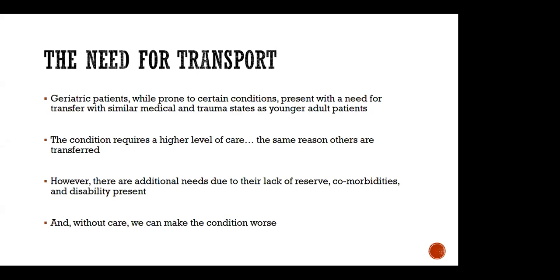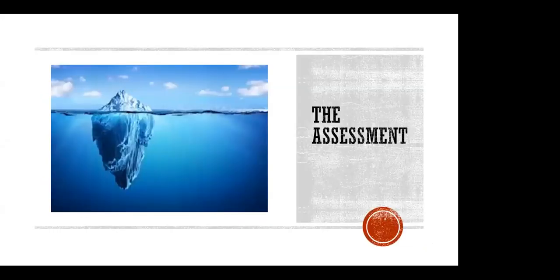Their skin's often thinner, easier to be subjected to a skin tear, more easily dehydrated, less able to manage temperature, things along that line that we'll see more of in a list here. And so we're always trying to make things better or manage them at the same level, not make things worse. And keeping these differences in the geriatric patient in mind is what will help us prevent making the condition worse while we get them to what they need.